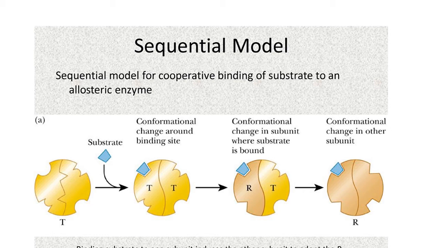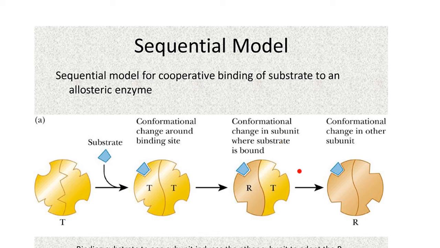That's the induced fit. And then, since this one is an R, it can then cause the next subunit over to become an R. And by doing that, they're not showing it, but it would make the likelihood of another substrate, that's a fat arrow, but another substrate to be able to bind.